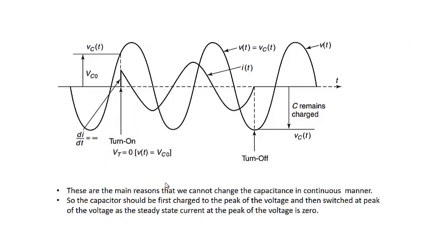So you can see it from here. We have the voltage, and this is the VC, and we are giving the pulses to the thyristor exactly at this point, so that the voltage difference between the two is 0. So when this happens, you'll see that the current will jump from this point to this point, which is the steady state value of this. di by dt is infinity.